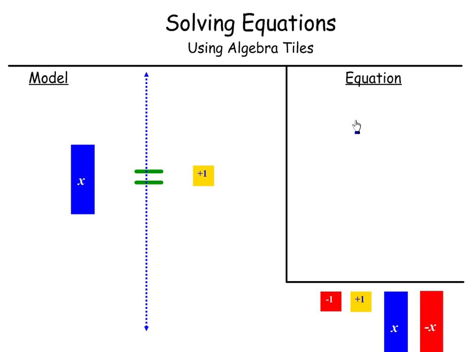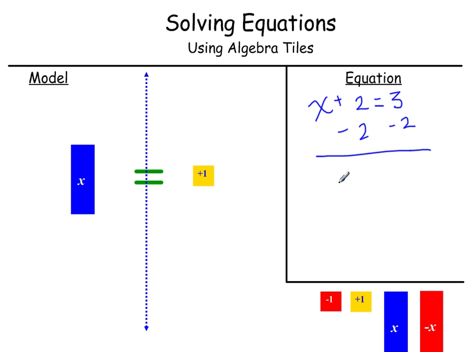Now what I started with was x plus 2 equals 3. And I subtracted 2 from both sides.